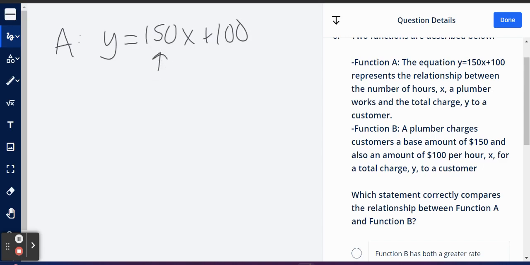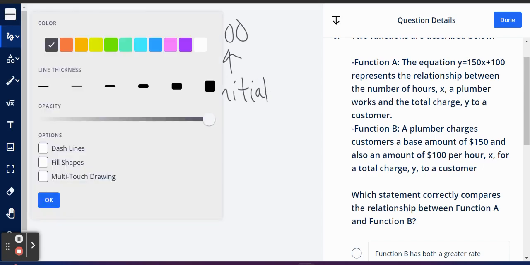Remember, the 150, that is your rate of change, and this is your initial value, right? The b value, where you start.